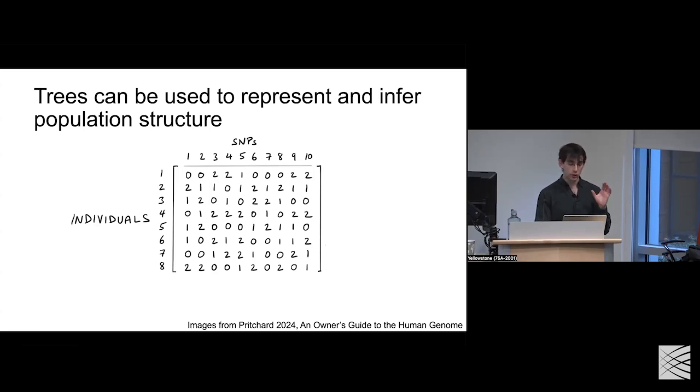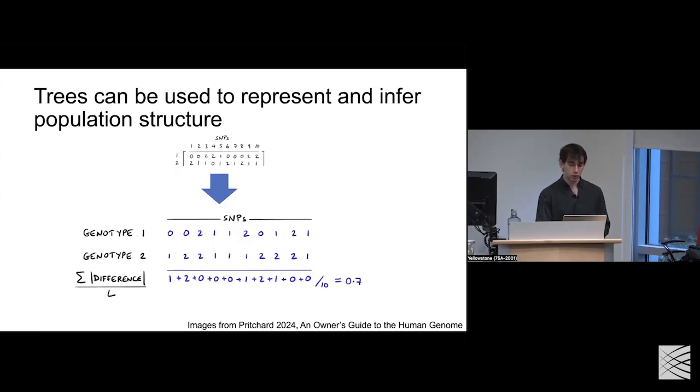In order to turn this genotype matrix into some tree structure that tells us about the similarity between individuals, the first step is to compute differences between genotypes. The most straightforward approach is to take one genotype, subtract it from the other genotype, and then take the absolute value of each of those genotype terms. So 0 minus 1 is -1, and the absolute value of it is 1. We'll do that for every single one of these columns.